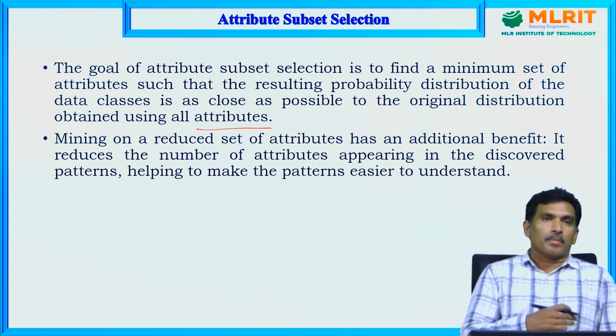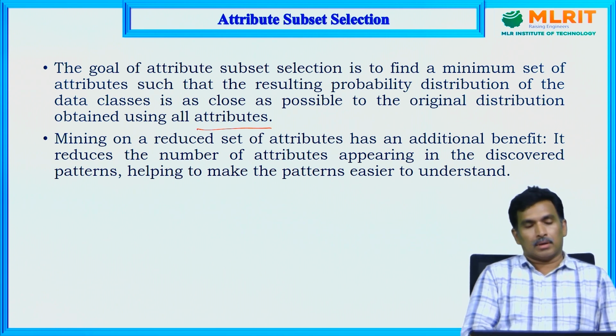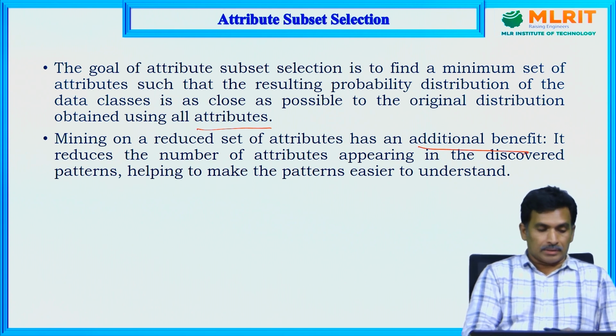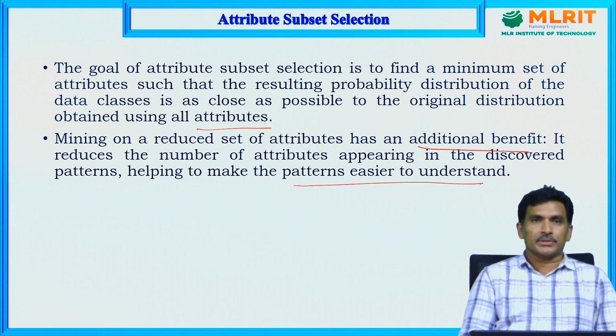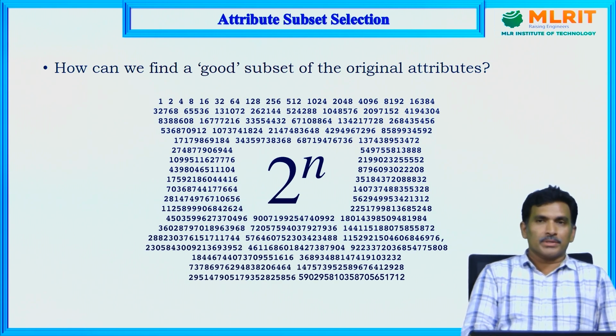Mining on a reduced set of attributes has additional benefits. Mainly, it reduces the number of attributes appearing in the discovered patterns, and it also helps to make the patterns easier to understand. And how can we find a good subset of the original attributes?